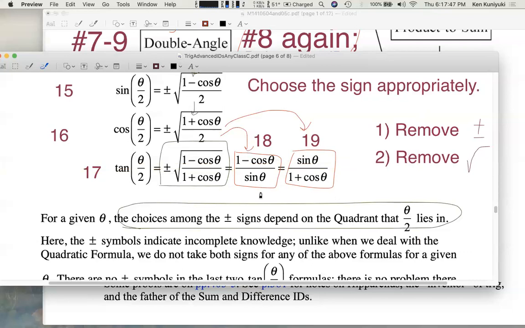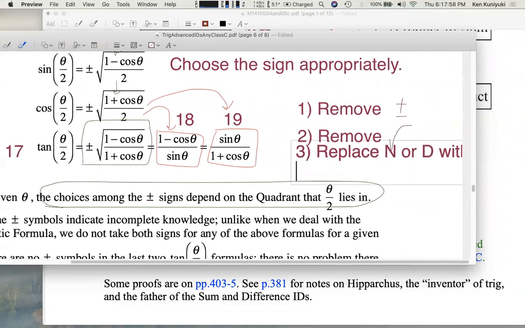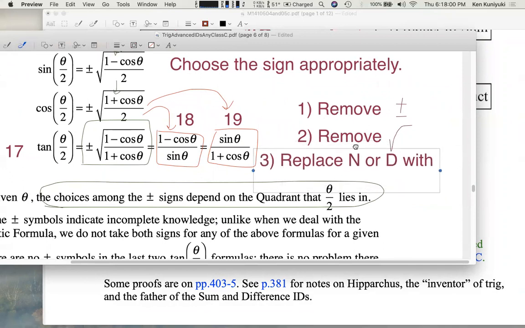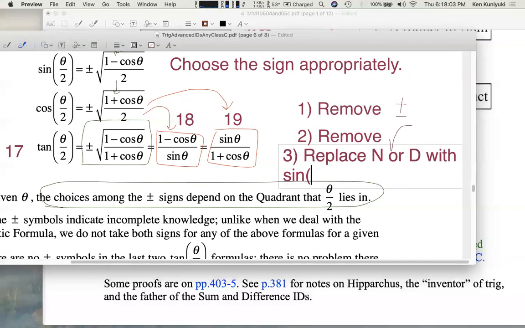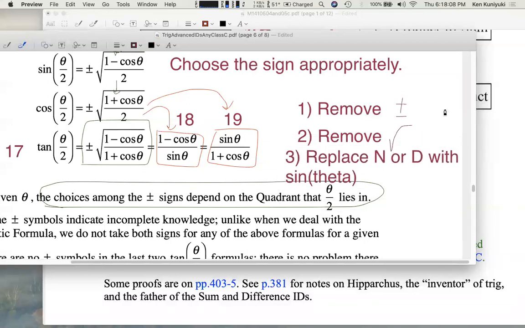Now, what about the top and the bottom, the numerator and the denominator? Well, we replace either the numerator or the denominator with sine of theta. We replace either the top for 19 or the bottom for 18 with sine of theta. And then the other stays the same.